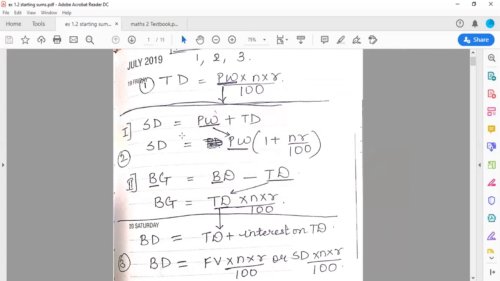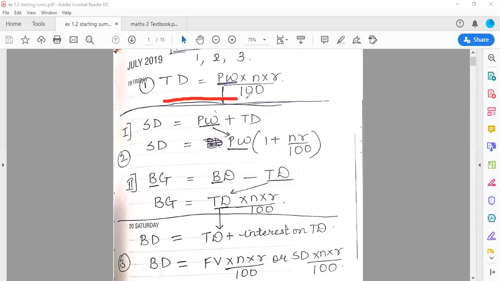For the time being, just pay attention and remember the trick I'm teaching you right now. When I say number 1, you have to remember that at number 1 comes the formula for true discount, TD. The formula of TD says PW into N into R upon 100.